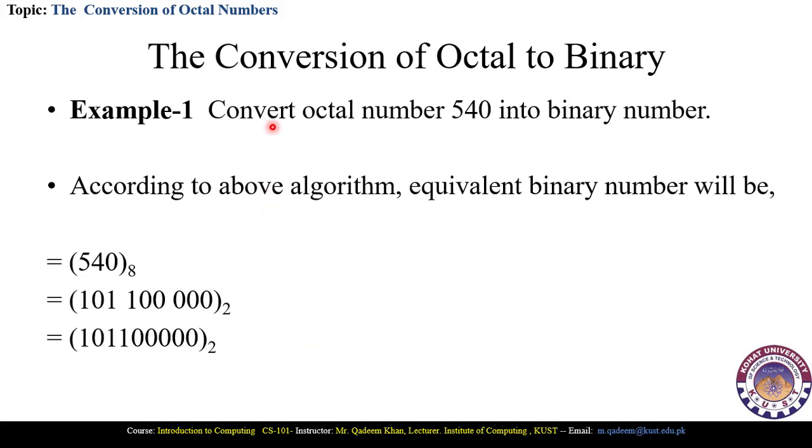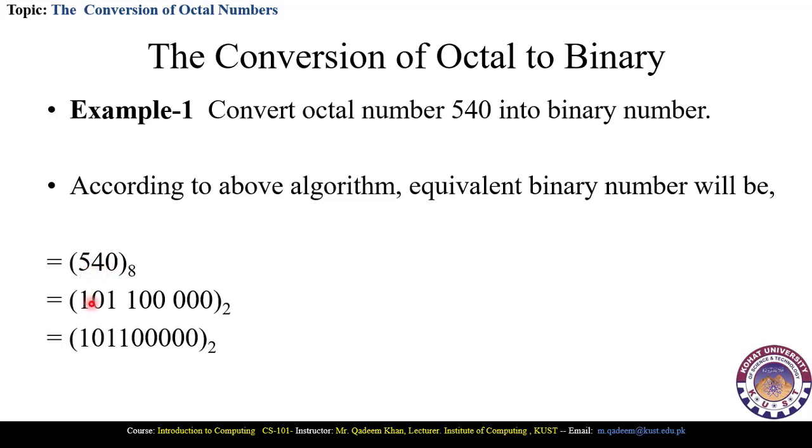We need to convert the octal number 540 into the binary number system. According to that algorithm, we will convert this octal number, 540, to the equivalent binary number. First take the input, that is 540 to the base 8. We divide 540 into 3 different digits: 5, 4 and 0.